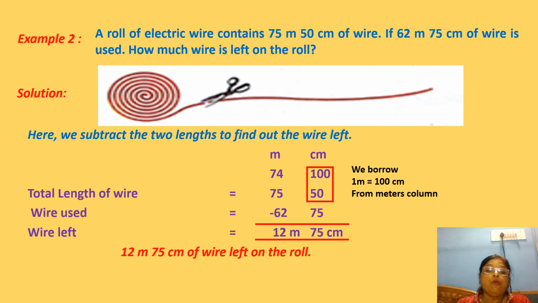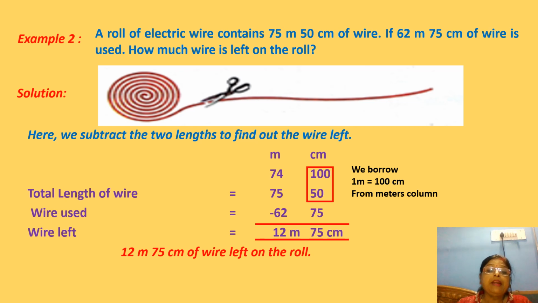We borrow 1 meter. It is equal to 100 centimeter. Now in the centimeter column we have 100 centimeter and 50 centimeter, which is equal to 150 centimeter. Now you subtract 75 from 150 and you get 75.